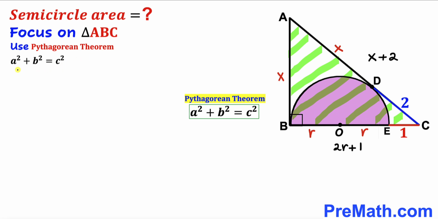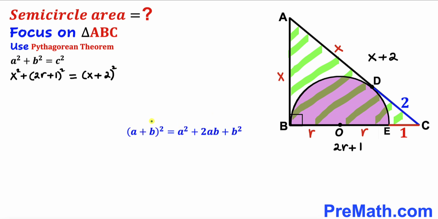Let's fill in the blanks in this Pythagorean formula. So we are going to have x square plus (2r plus 1) whole square equals (x plus 2) whole square.